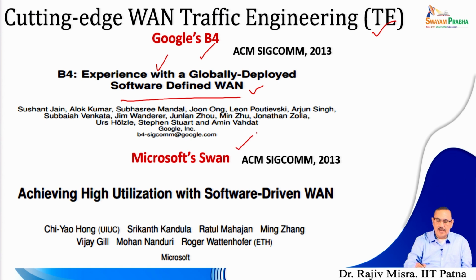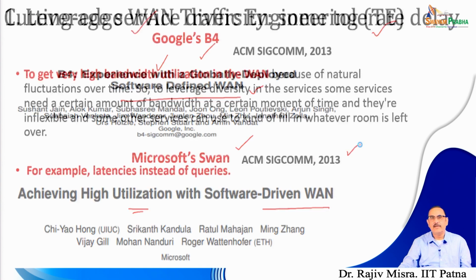Microsoft, on the other side, has published its own way of software driven wide area network, achieving high utilization, in its Microsoft SWAN paper that was published in ACM SIGCOMM. Both of them were talking about the same thing: how to achieve a software driven wide area network with high utilization, that is called traffic engineering.